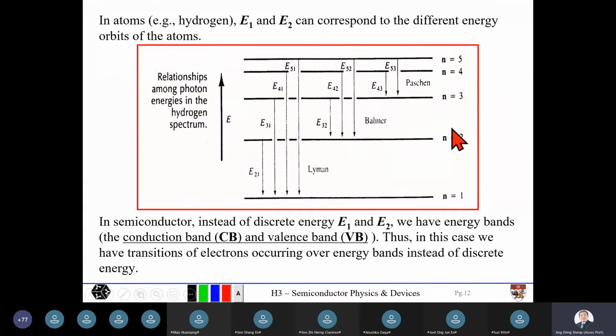On the other hand, if the transition of the electron goes from a higher energy level to the n equals 2 level, then you get another series of wavelengths coming out from the hydrogen atom, and this is called the Balmer series. The Paschen series is for transitions from higher levels down to n equals 3.